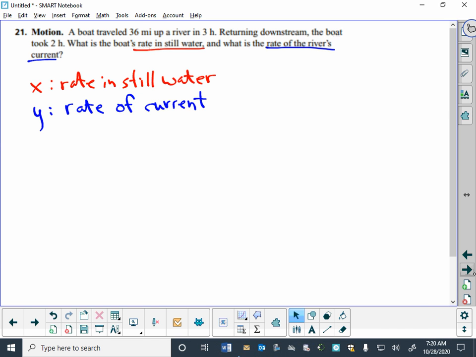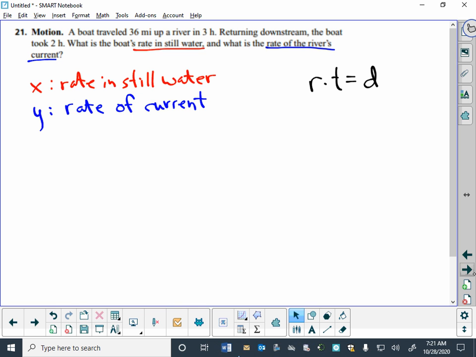So the other important thing in these kinds of problems, we've got rates and we've got times, and we'll break out our rate times time is equal to distance, right? If you travel 60 miles an hour for 3 hours, you've gone 180 miles. So for this, we have a fixed distance.